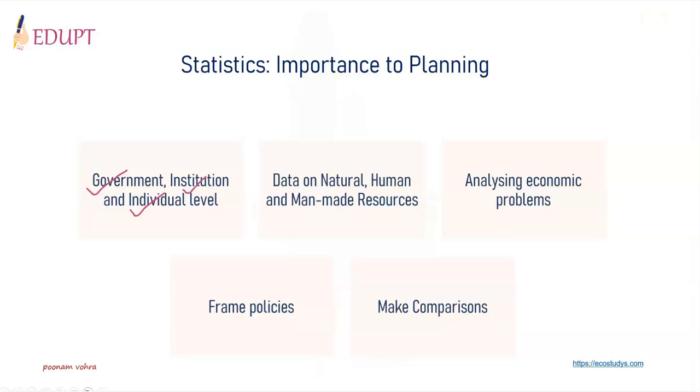quantitative information. If it is government, government is concerned with the economic resources, price level, national income, and other economic variables. If it is institution, institution is concerned with production, costs involved, salaries of the employees, profits, and so on.